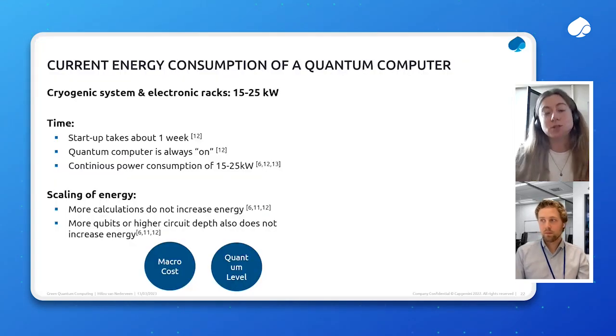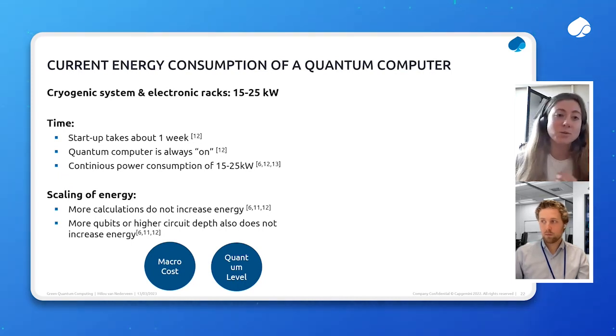So, the energy consumption of a quantum computer. As said, the most energy is required by the cryogenic system and the electronic racks. The 15 to 25 kilowatts here is the power consumption. And what's actually very crucial here is that the quantum computer is always on.